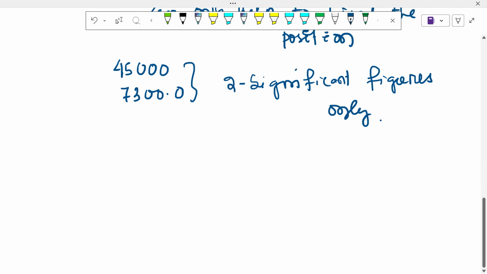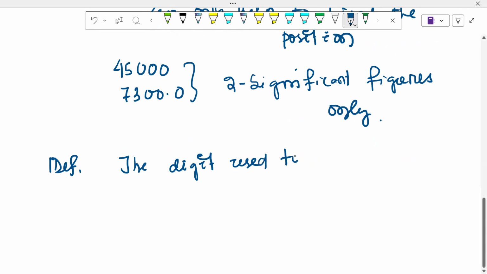The digits used to express the number. The definition, when you ask anybody: the digits used to express a number are called significant digits.